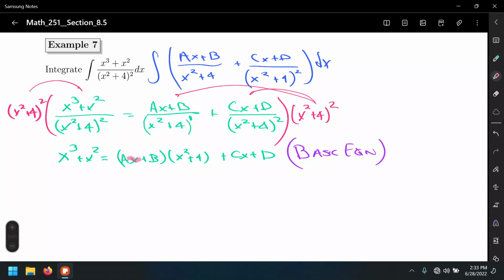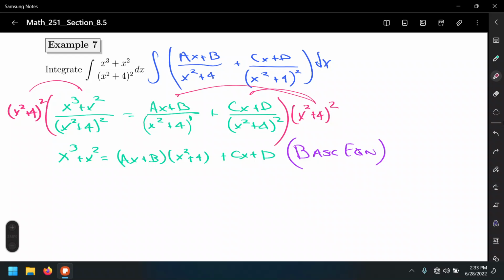We could have zeroed out this ax plus b if we had some number over here that gets to 0, but unfortunately there's no way, because x squared plus 4 is never 0. We cannot plug in x equals negative 2, because negative 2 squared is positive 4, plus 4. Well, that's not going to kill this term right here.